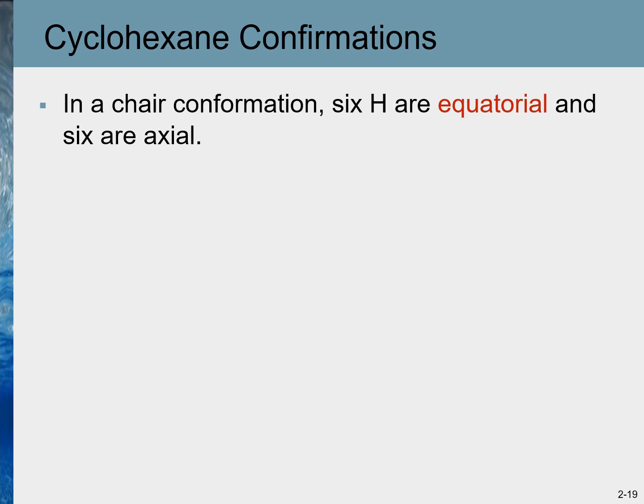So in order to draw a chair conformation of cyclohexane, you must draw two parallel lines, and one line should be slightly drifted from the other one.